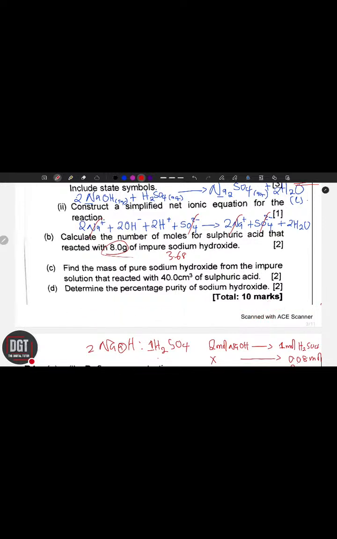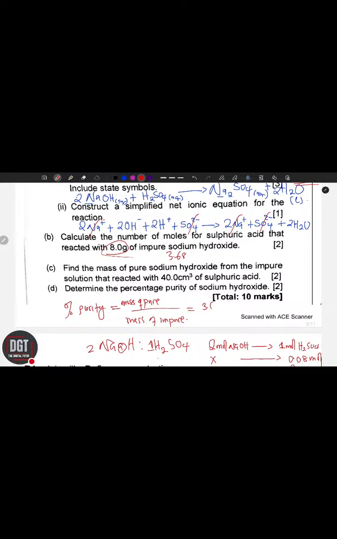How do you determine the percentage purity? Percentage purity is equal to the mass of the pure over the mass of the impure, multiplied by 100.